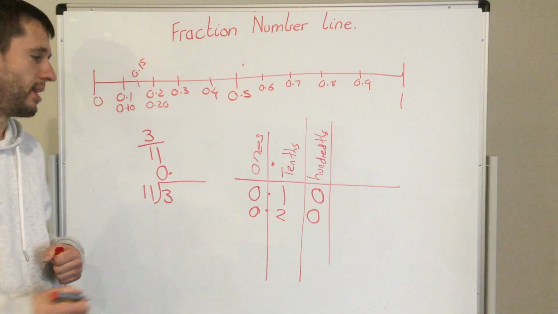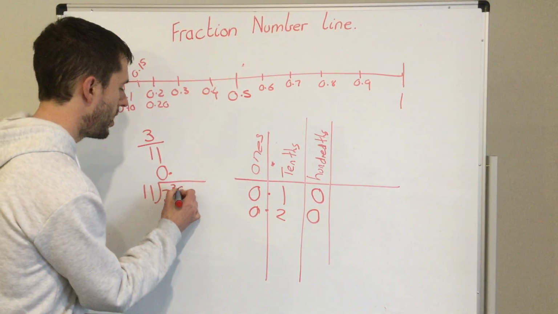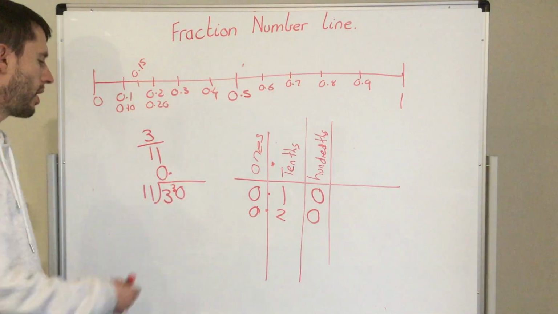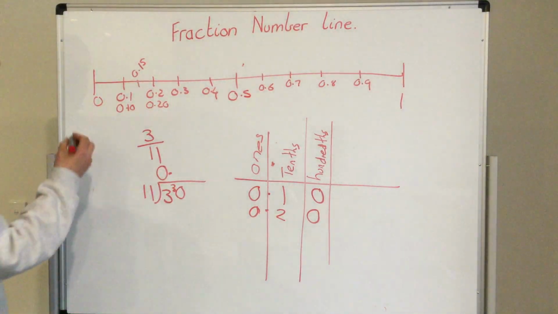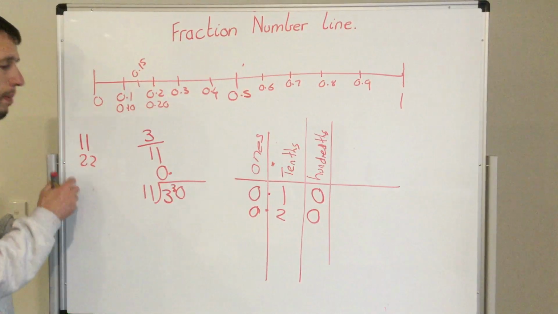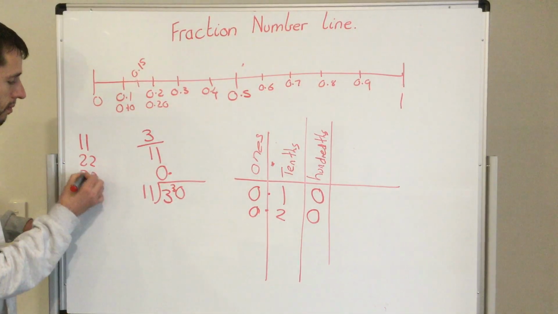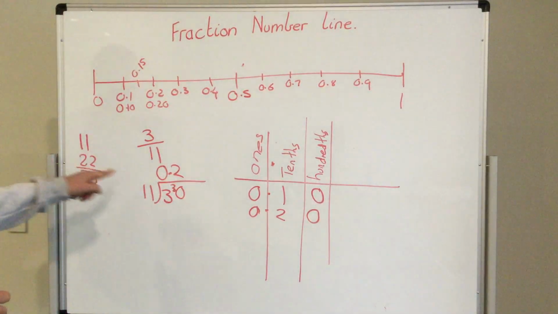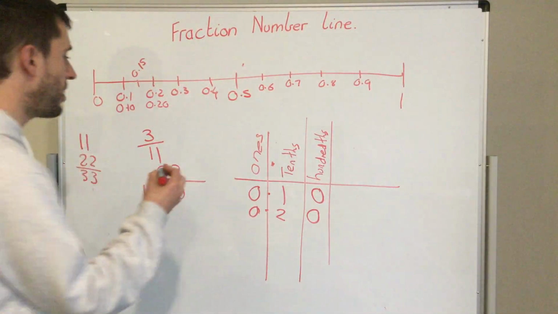I put a decimal place and that 3 is carried and that 3 is cut into tenths. So that means I've got 30 tenths. 30 divided by 11. 11, 22 will be the closest. Each person gets 2. If I share 22, not 30, I have 8 left over.